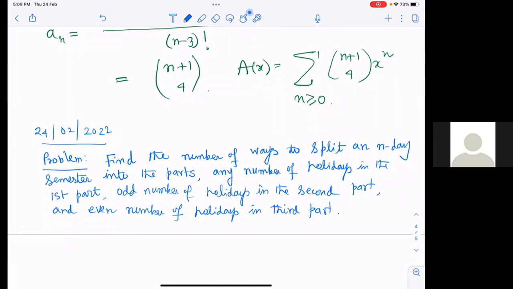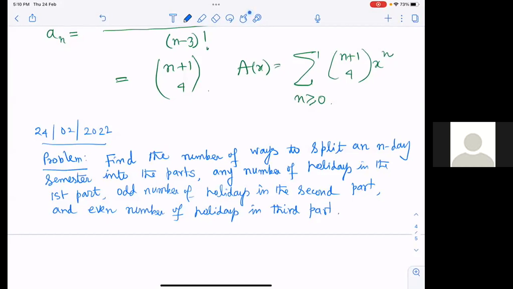So there is a semester which is running over n days, and we have to break up the semester in 3 parts any way you want, such that in the first part you can allow any number of holidays.